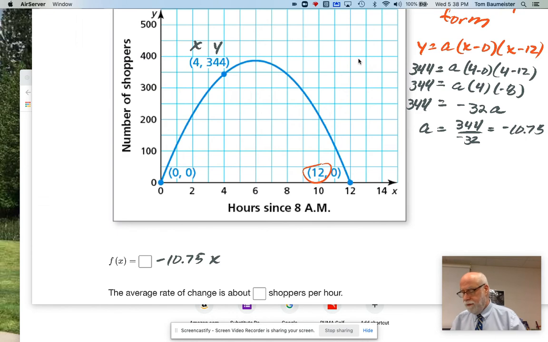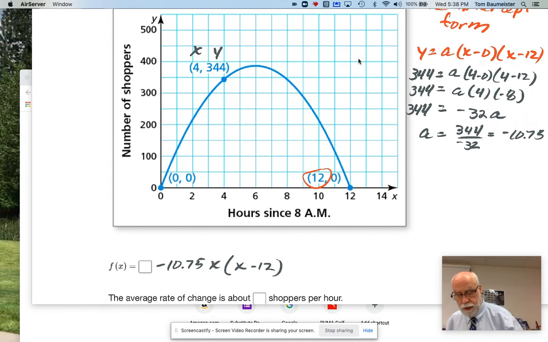Again, I believe if you just leave it as x, that'll be better than writing x minus 0. But if you put x minus 0, I'm pretty sure it will not mark you wrong. But the other one has to be x minus 12. All right? So now, remember, to find the average rate of change, first thing we need is the vertex. So we still need the vertex.